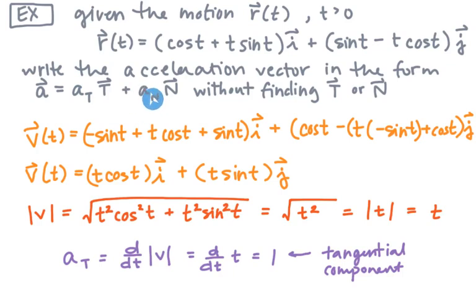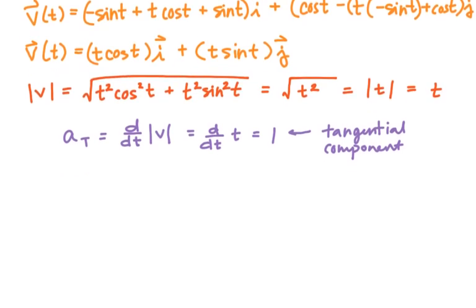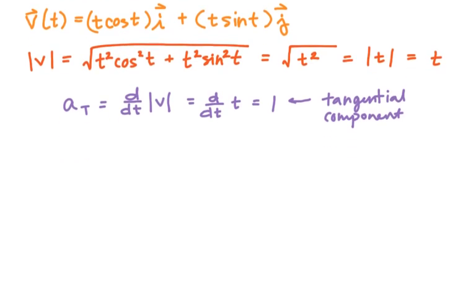I need to find my a sub n. And we wrote a formula for calculating a sub n. We said that a sub n is equal to the square root of the magnitude of my acceleration vector squared, minus a sub t squared.